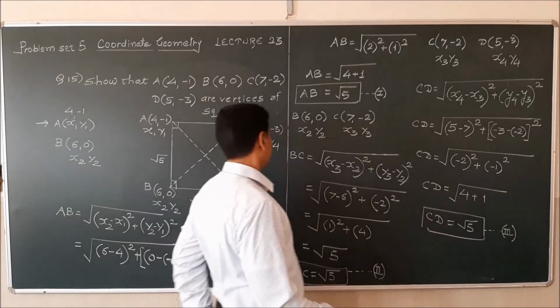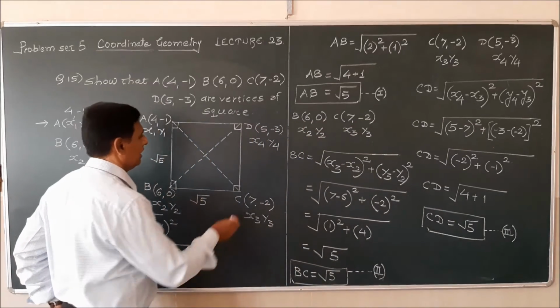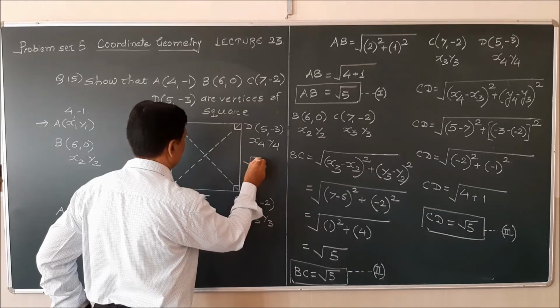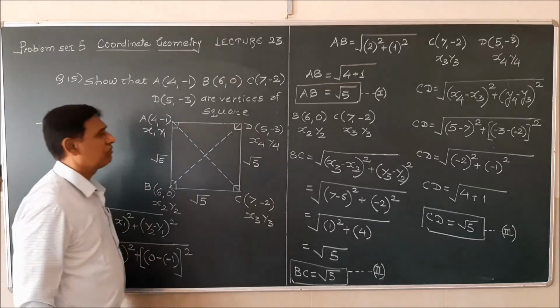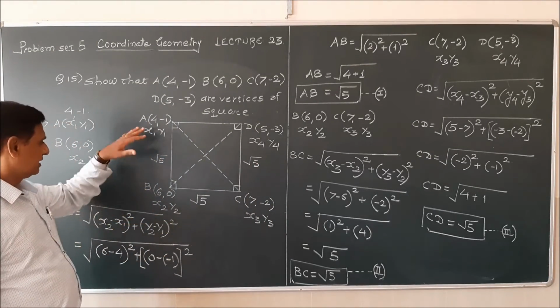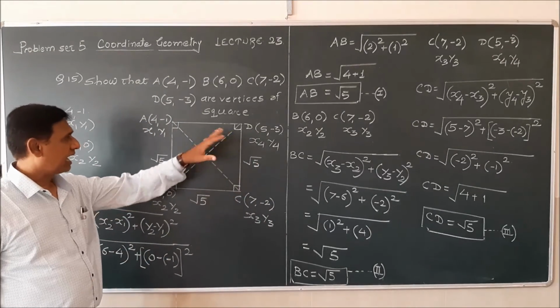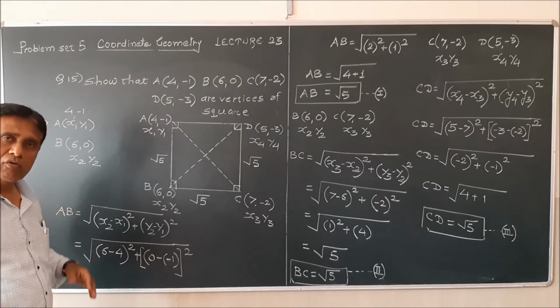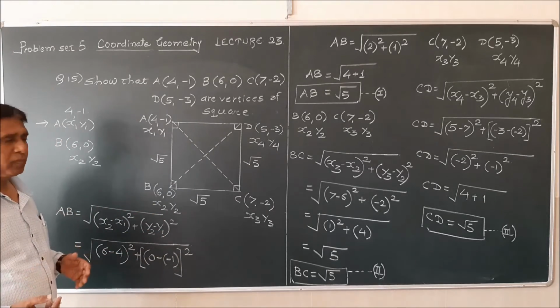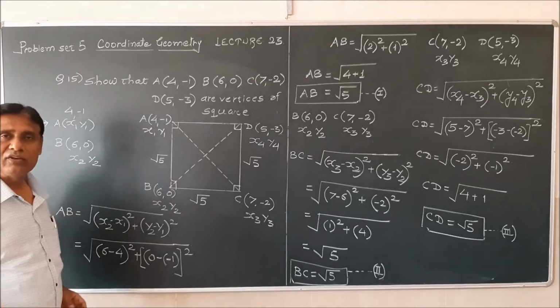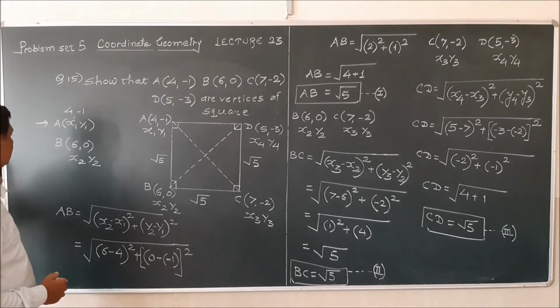So this is all we will find for the time being. I have got values of all these three sides, AB, BC and CD, as root 5. Now what I am going to do, I am going to find out the value of AD. Okay, let's see.